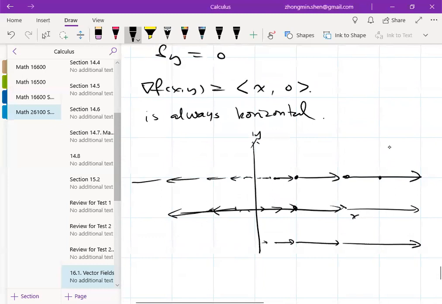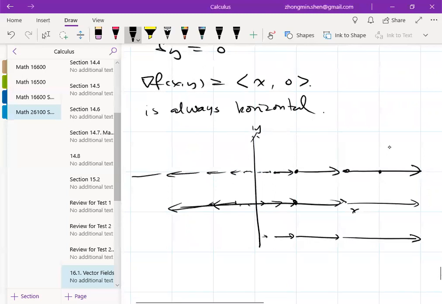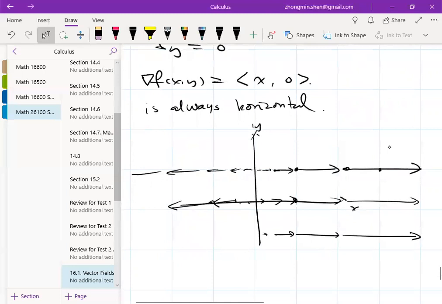Why do they get longer as they go out? Because the length is determined, at that point x, y, by x, right?